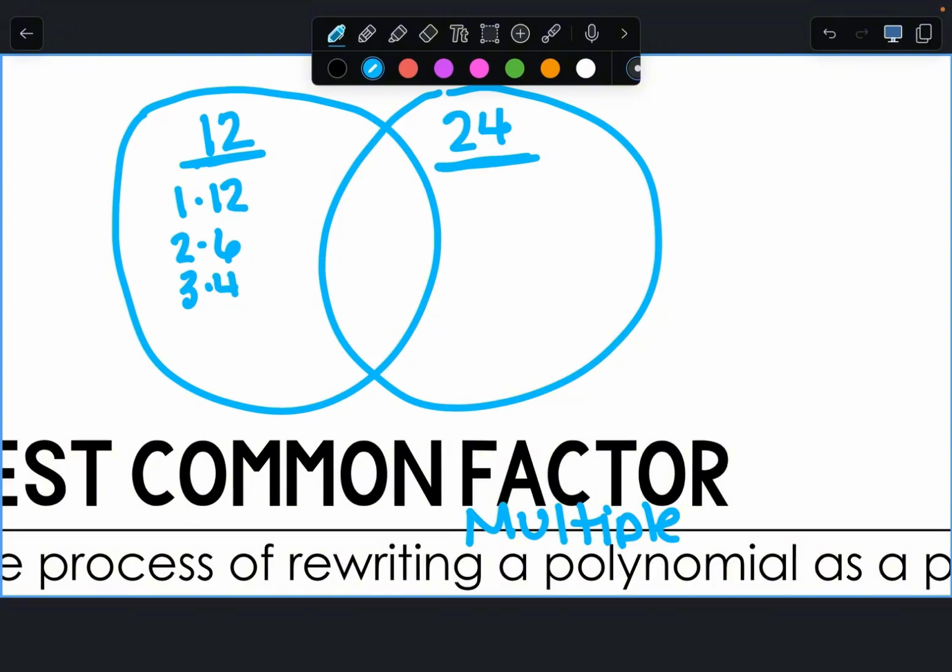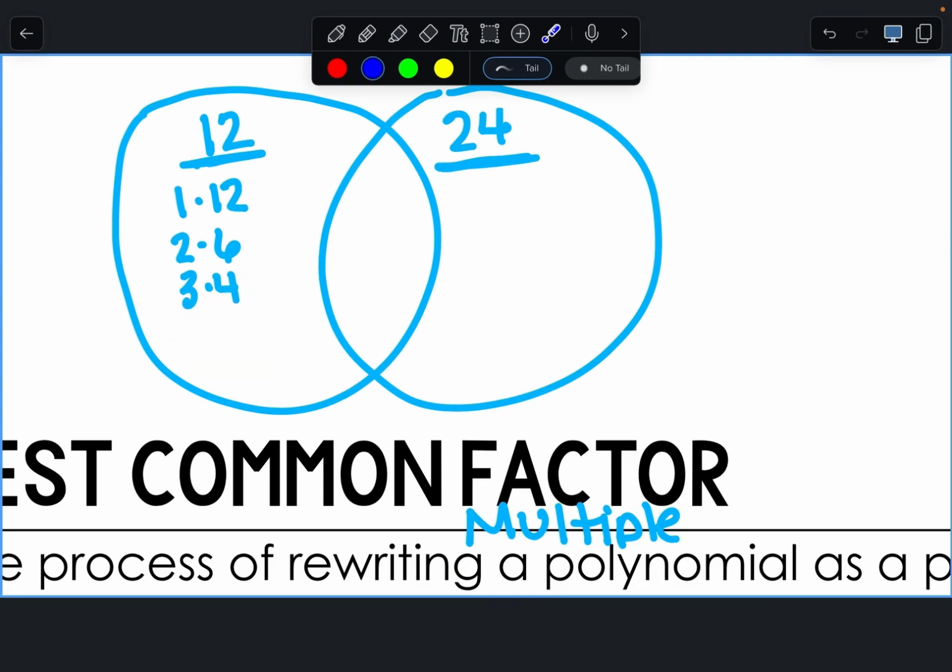To find all of the whole number multiples of 12, or any number, you list them. Once you get to the multiple where it repeats itself, you know you can stop. Say we got down to 3 times 4. The next one would be 4 times 3, which is the same thing as 3 times 4 but backwards. So I know I can stop.